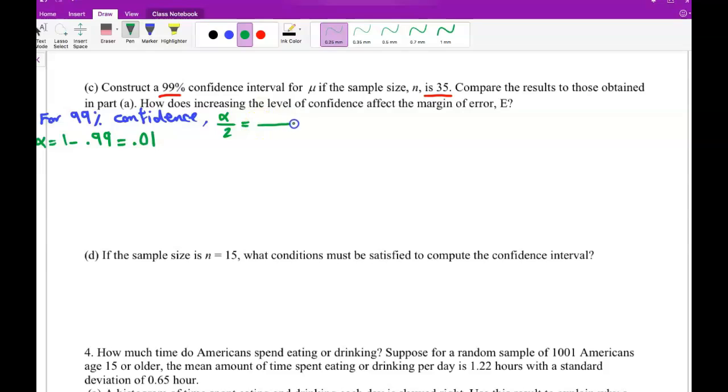That means using that 1% here, divide by 2, this part is equal to 0.005, n is 35, and degree of freedom, which is n minus 1, is equal to 34. Okay, the next step, finding t.